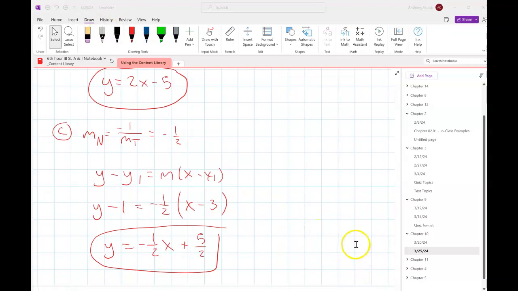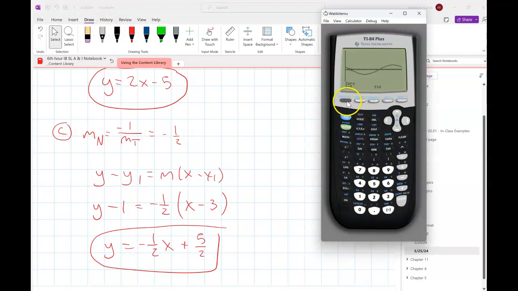So just to illustrate what we've done, if we look at our calculator, I had negative x squared plus 8x minus 14, and then we had the single point 3, 1.